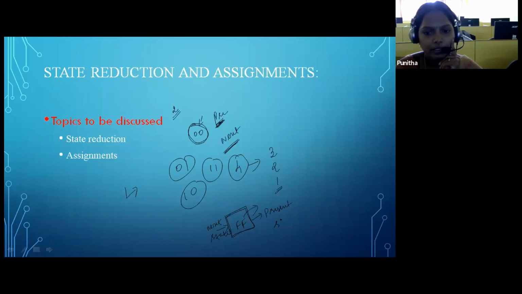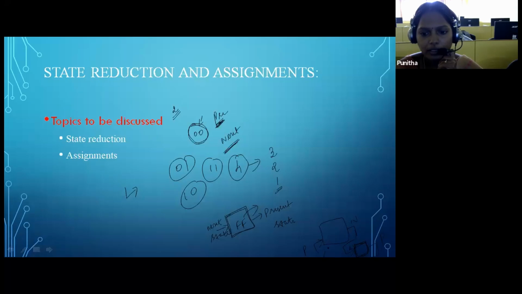In a combinational circuit, any memory element output passed as one of the inputs to the combinational circuit is called the present state. After processing, the combinational circuit generates the next state. That next state only we pass to the flip-flop.